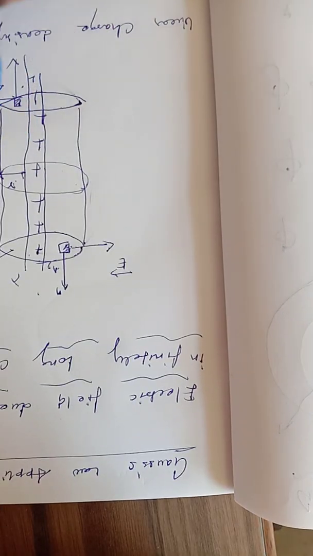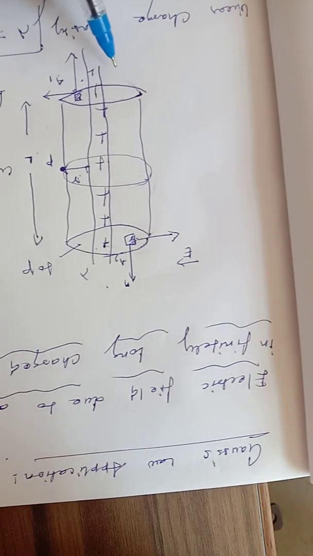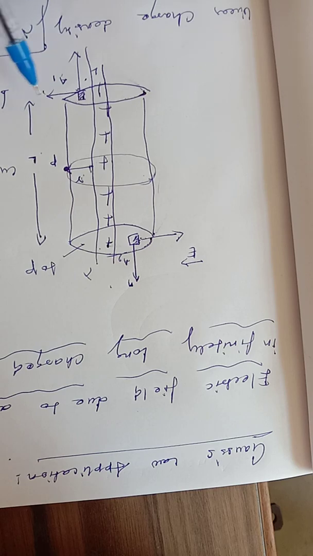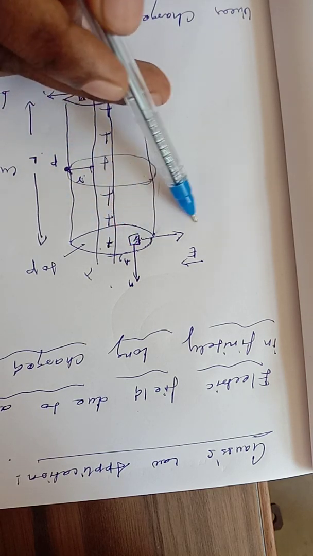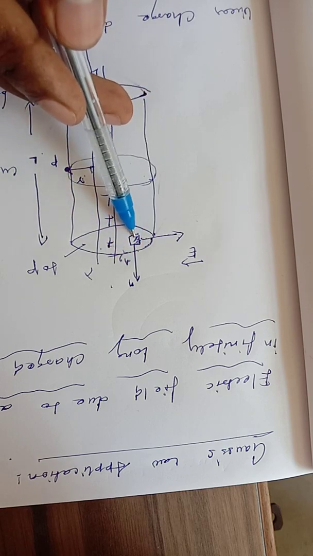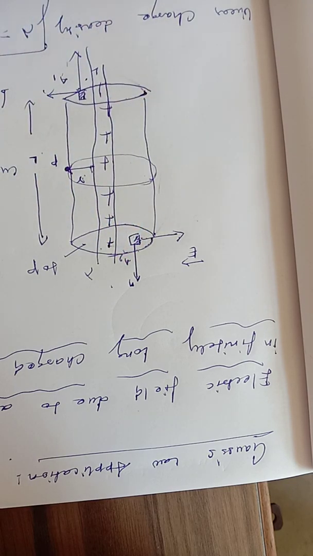Here E is parallel to the area vector A1 and A2 of the curved surface. There are two surfaces, the top surface and the bottom surface, that are parallel to the electric field.